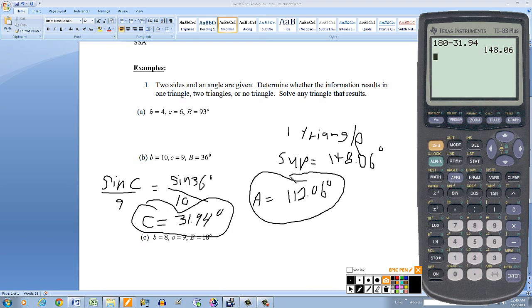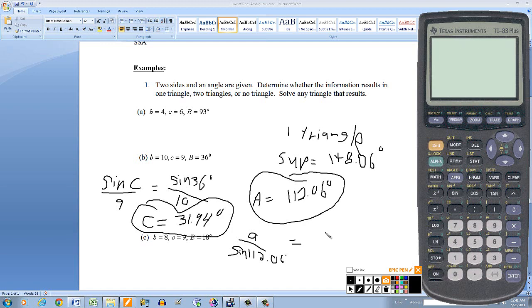We have the two sides, so now we're only missing side A. Again, using the law of sines, we're going to find side A. So A divided by the sine of 112.06 degrees should equal any other side.